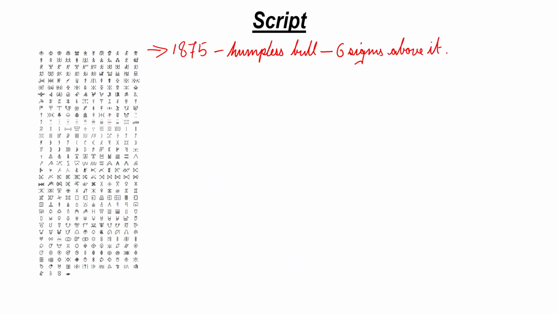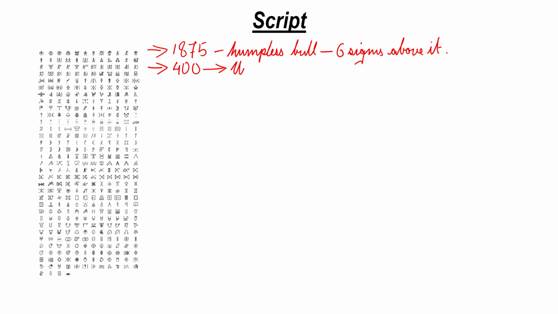Okay, so there was a seal of a humpless bull which had 6 signs. Then for more than 400 years, people have been trying to decipher all the seals, but still now we don't know the script of Harappans.